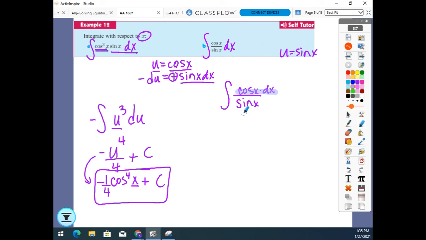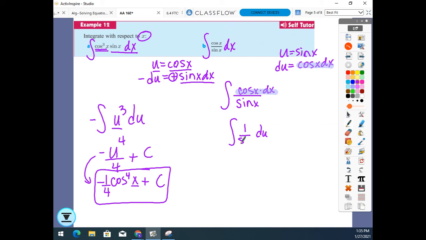So that's why you always choose your u to be on the bottom. So if I choose u to be sine of x, du is cosine x dx, then you can see how this matches. All right. So since this whole thing is the du, I'm going to put the du at the end, put a 1 to hold that place.